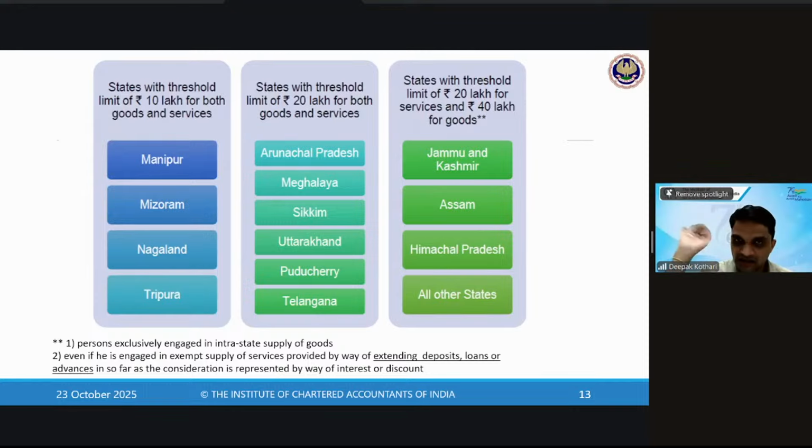For the other six states, which in my sequence I remember as Uttarakhand, Puducherry, Meghalaya, Arunachal Pradesh, Sikkim, and Telangana, the limit is 20 lakhs. So 10 lakhs, then 20 lakhs. And for all other states, it is 20 lakhs for services and 40 lakhs for goods. So this we had understood. Correct?